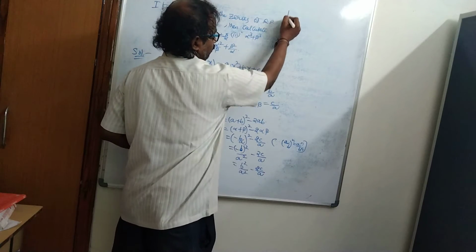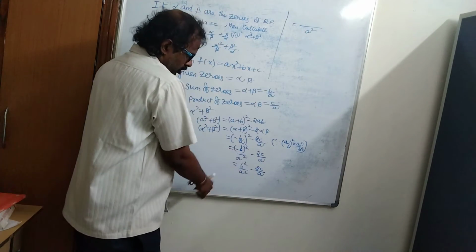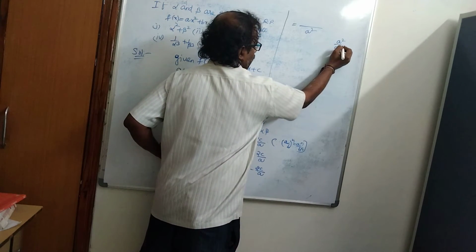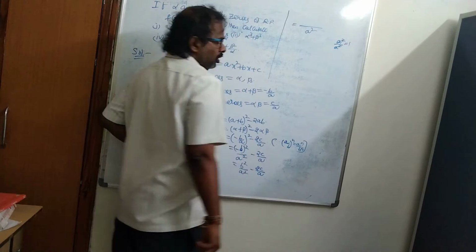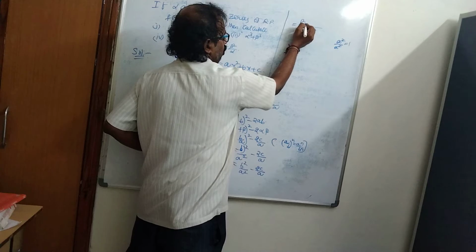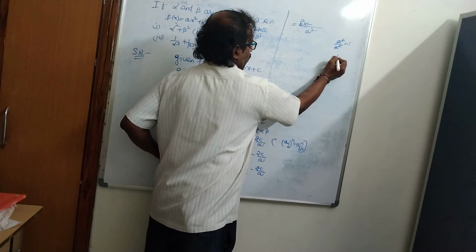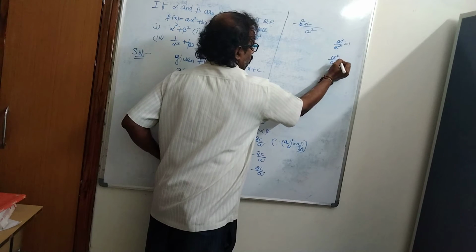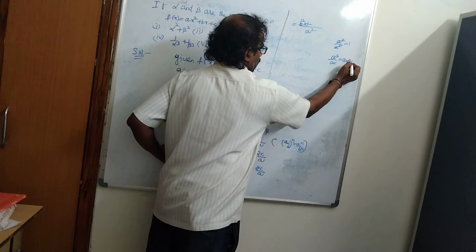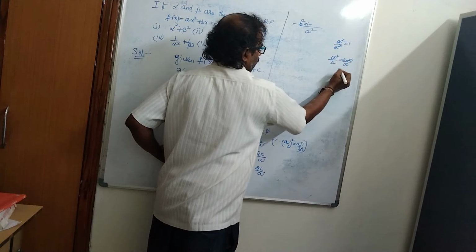So here the LCM will be a square. Here a square and here also a square, so a square by a square gets cancelled and we get 1. So b square into 1 minus, now again divide a square by a: a square means a into a by a, so one a and one a get cancelled.